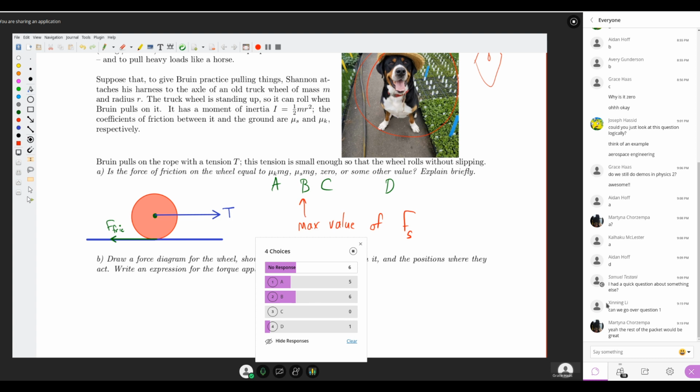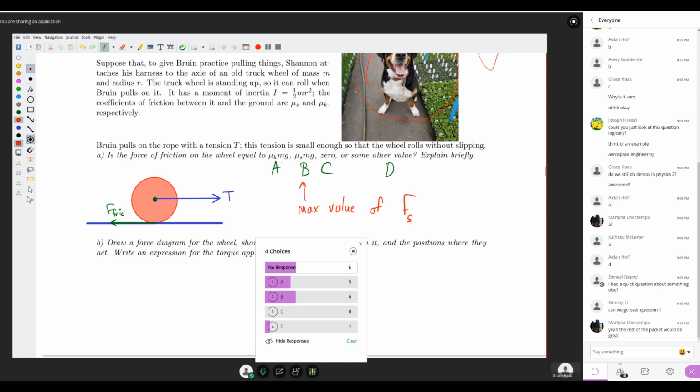This is tough. Because suppose that Bruin is pulling something very, very heavy, and Bruin pulls with only like a few pounds of force. Well, the tension is small. So if he's pulling with only a few pounds of force, static friction is not going to be like 100 pounds.